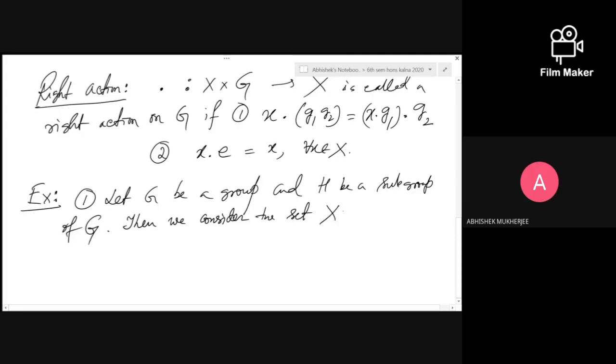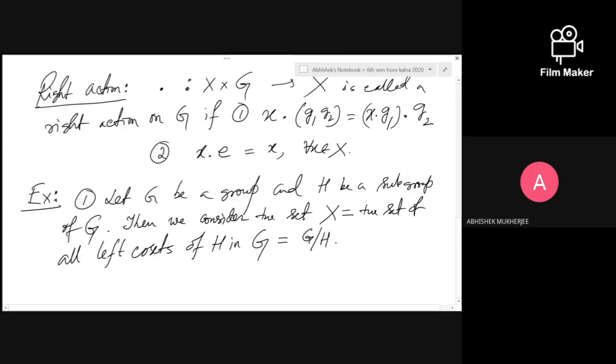What is the set? X is the set of all left cosets of H in G, which can be denoted as G slash H. So we consider this set, the set of all left cosets of H in G.